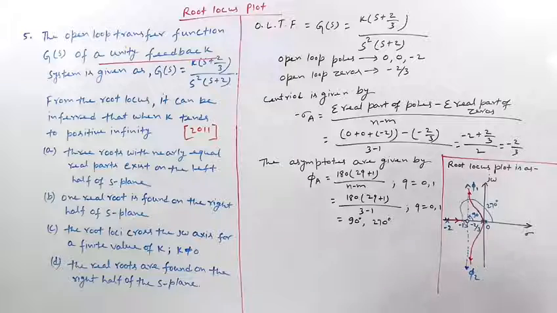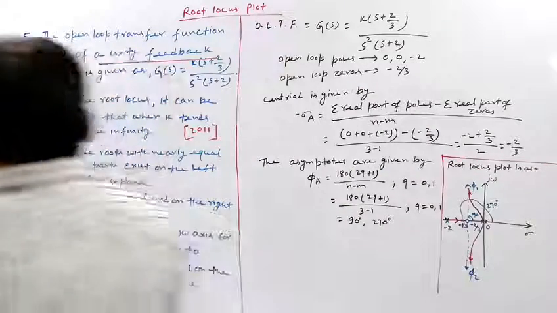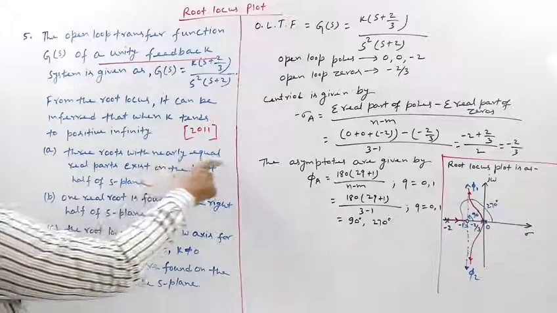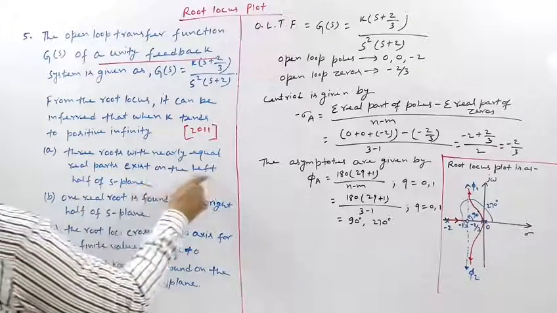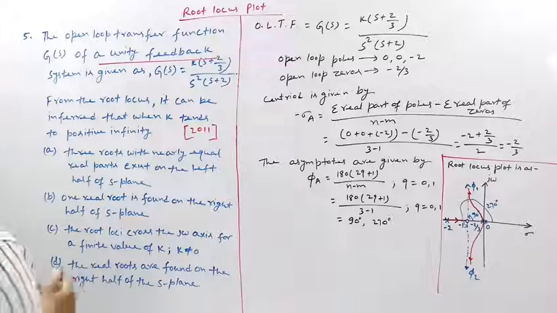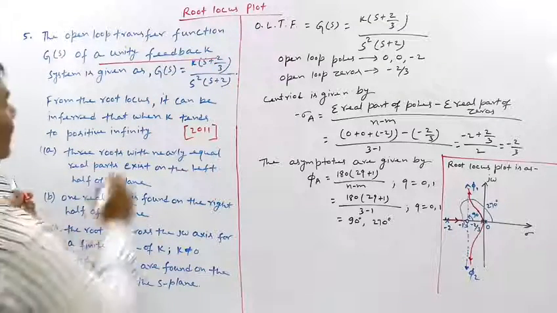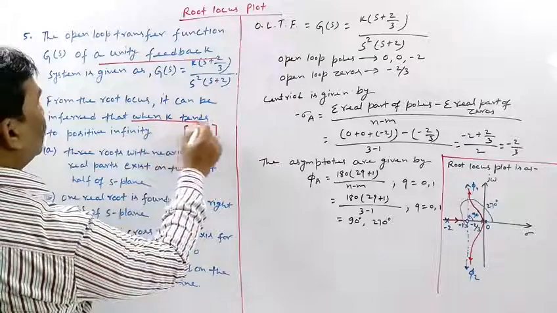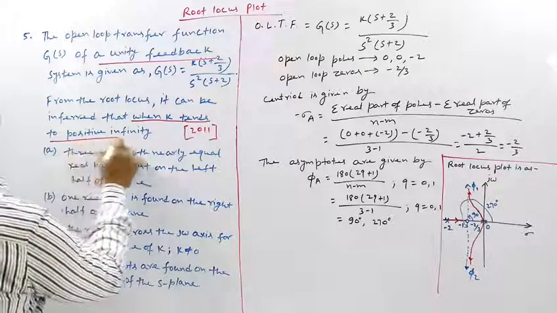So let us see what options are given. Option: 3 roots with nearly equal real part exist on the left half of the S plane. The question is asking about when K tends to positive infinity.